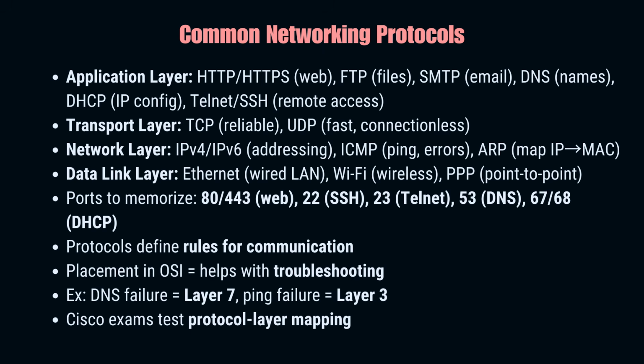Data link layer protocols include Ethernet for wired LANs, Wi-Fi 802.11 for wireless networks, and PPP for point-to-point connections. Understanding protocol placement helps with troubleshooting. If DNS isn't working, you know it's an application layer issue, while ping failures indicate network layer problems.